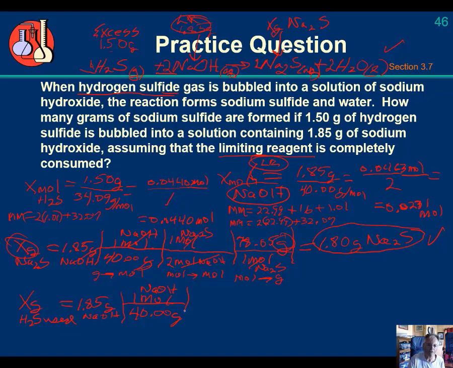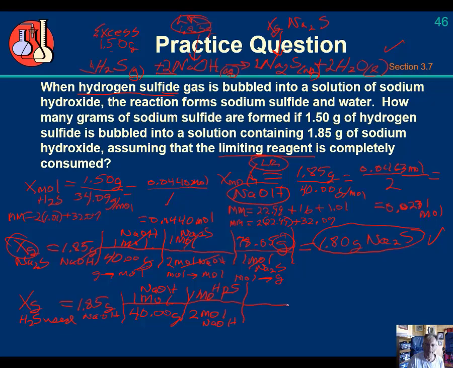This time the mole to mole ratio is between sodium hydroxide and H2S. Coefficient of sodium hydroxide is still 2. 2 moles of NaOH, and then 1 mole of H2S.